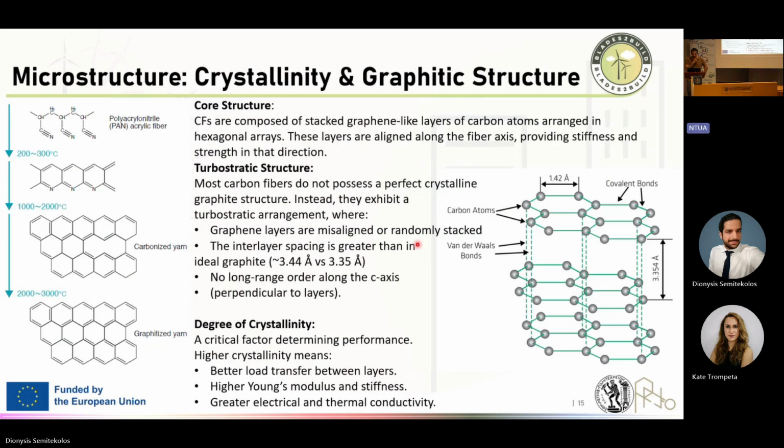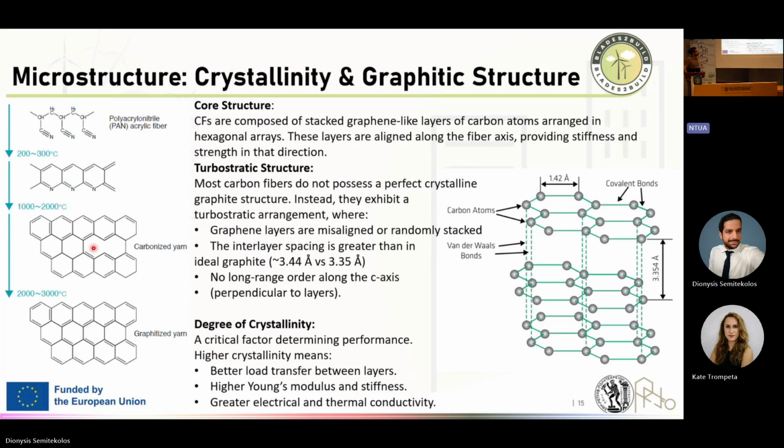I'll try not to bother you too much with the structure, but it is important to understand all the things that we said, and it will help you understand why we're doing the treatment. Here on the left, we can see how the precursor looks, and how it looks after the stabilization.